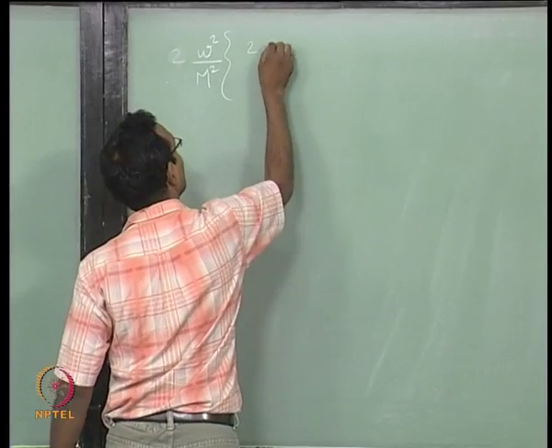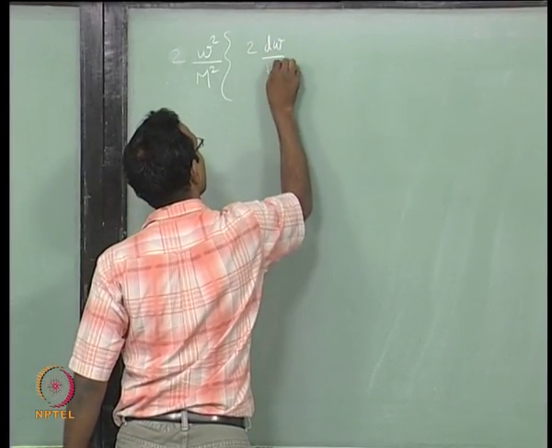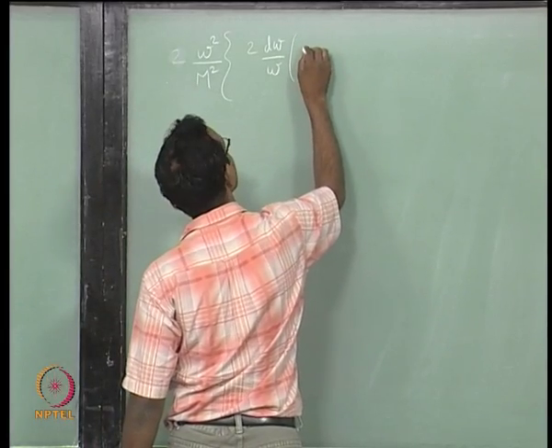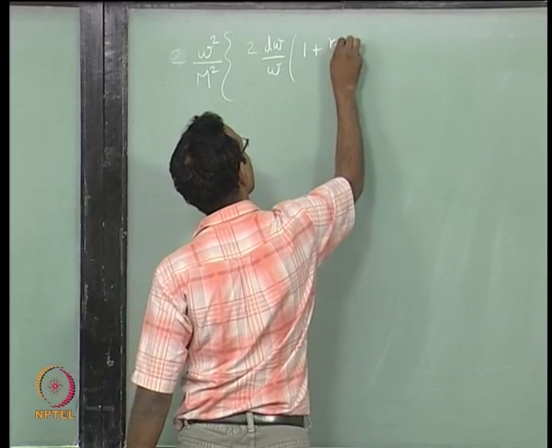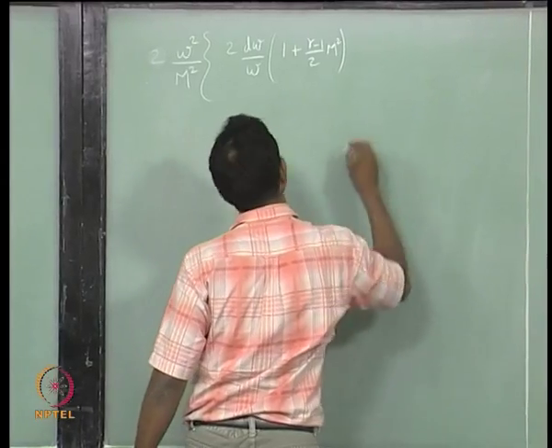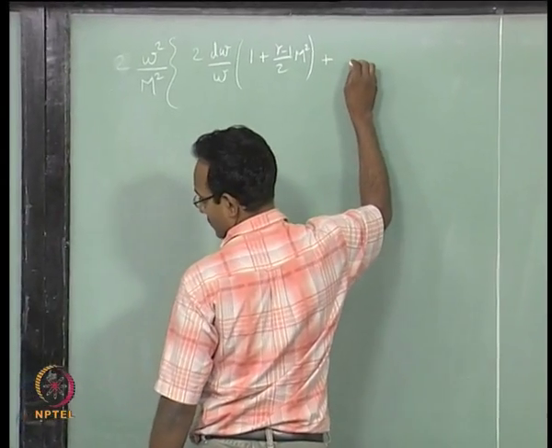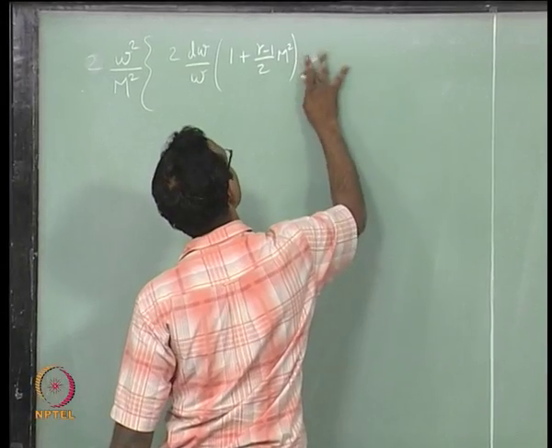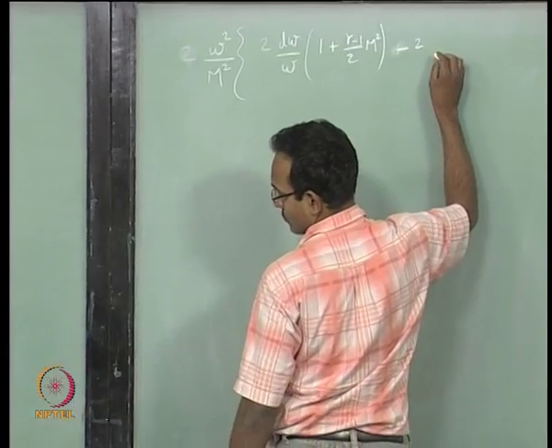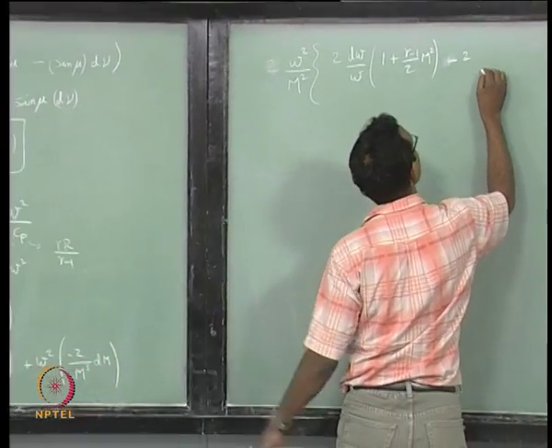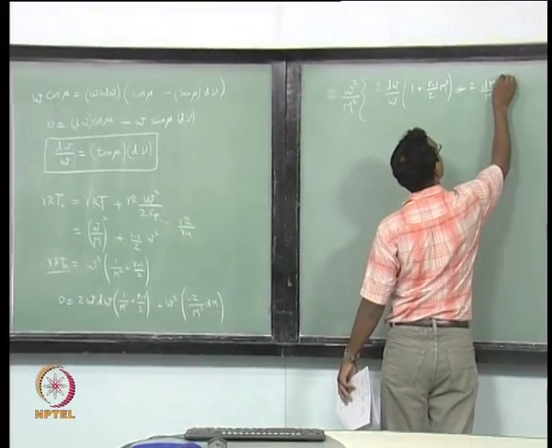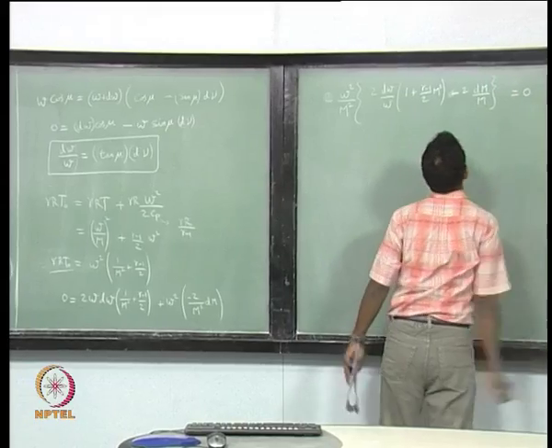I am going to have 2 dw by w times this plus, actually it will be minus 2 dm by m, this whole thing equal to 0.